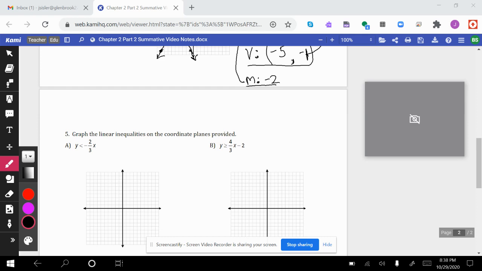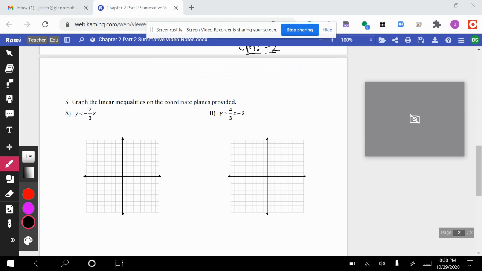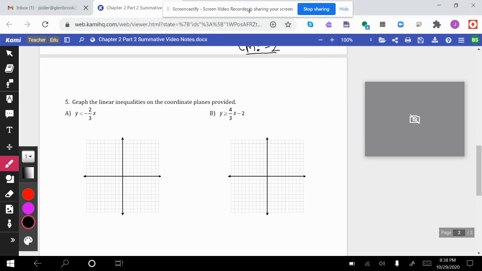Next thing we're doing is graphing linear inequalities, okay? So this is tricky, right? There are a few steps to these problems. First thing, for letter A, we have y is less than -2/3 x, okay? If it helps you in this context to graph it, think of it as y equals -2/3 x.